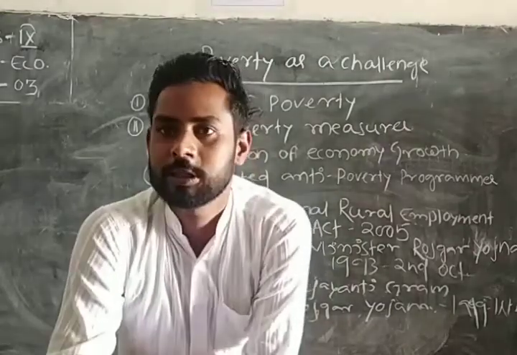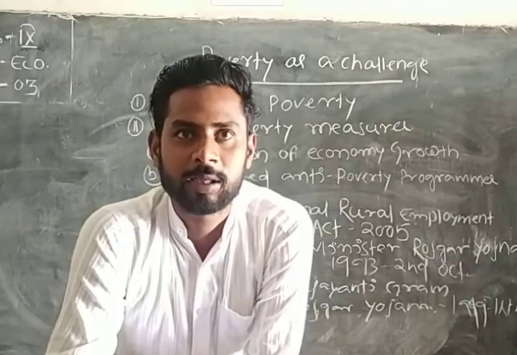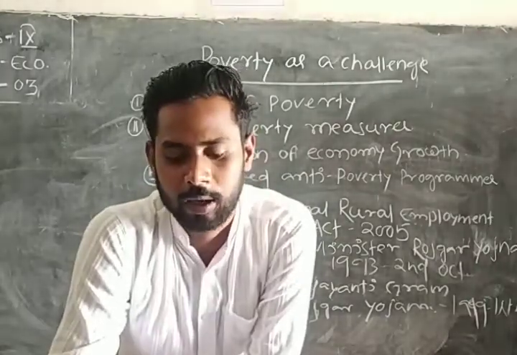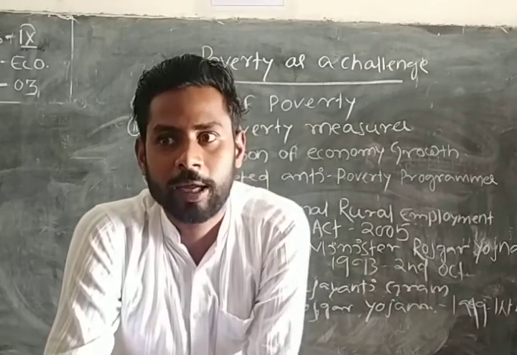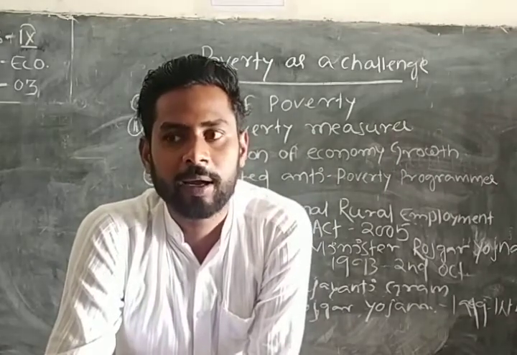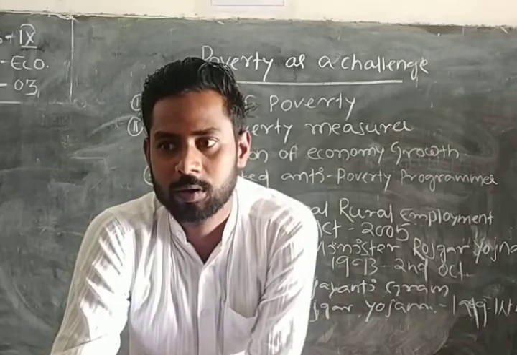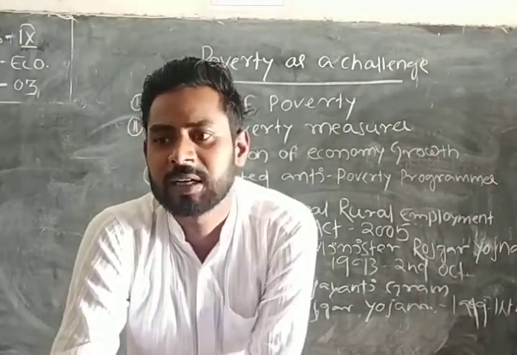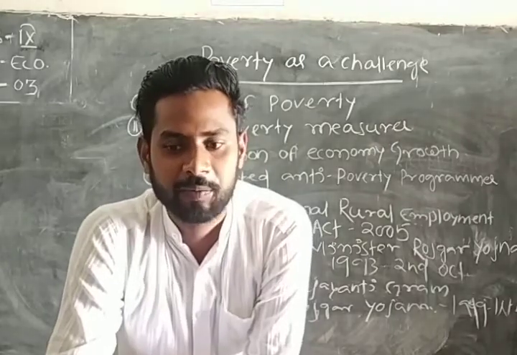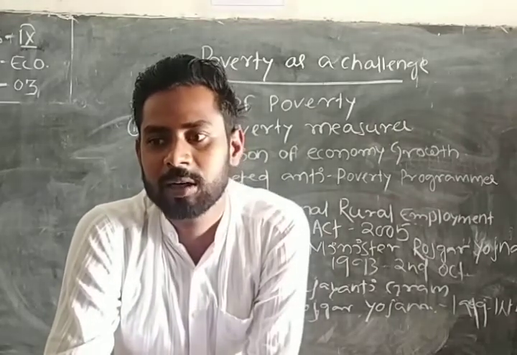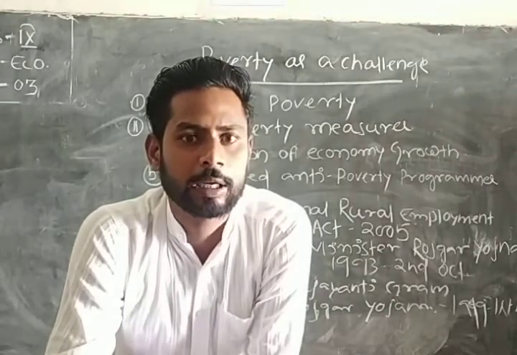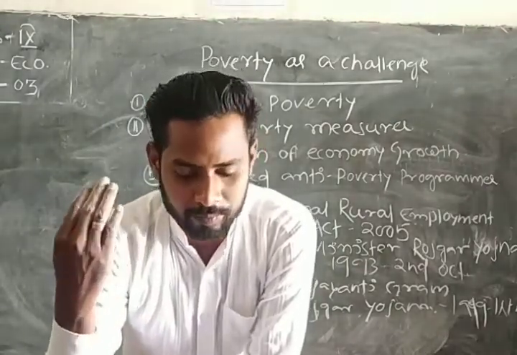Due to child labor, many children are not able to get education, and in this type of situation the children face many difficulties and their physical and mental abilities do not grow.